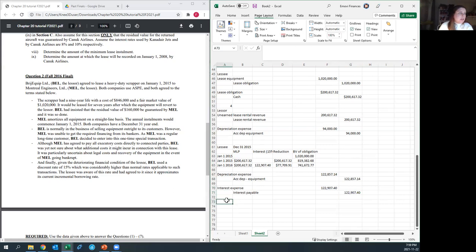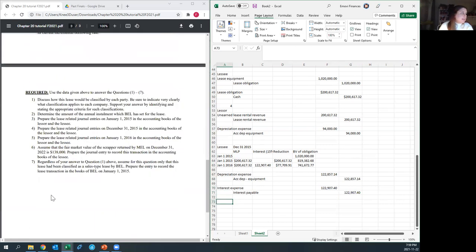And then the question 5, I think it's on Jan 1st, 2016. Yeah. So same, the entries to the lessor, they're going to have their cash and they're going to have their unearned lease rental revenue of the minimum lease payment. So the same thing as last year.